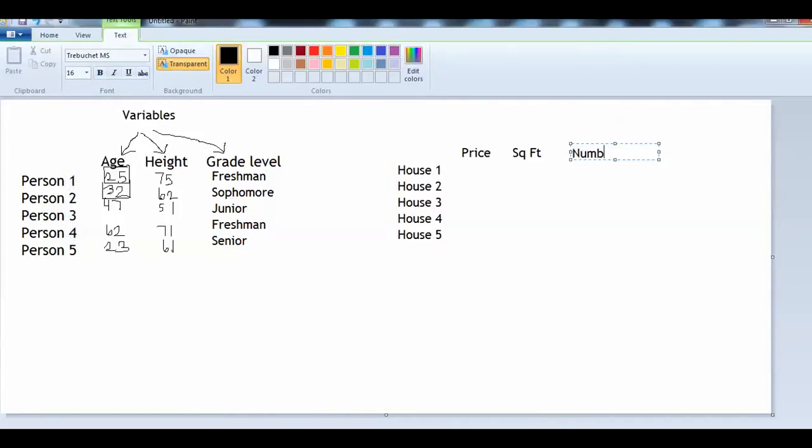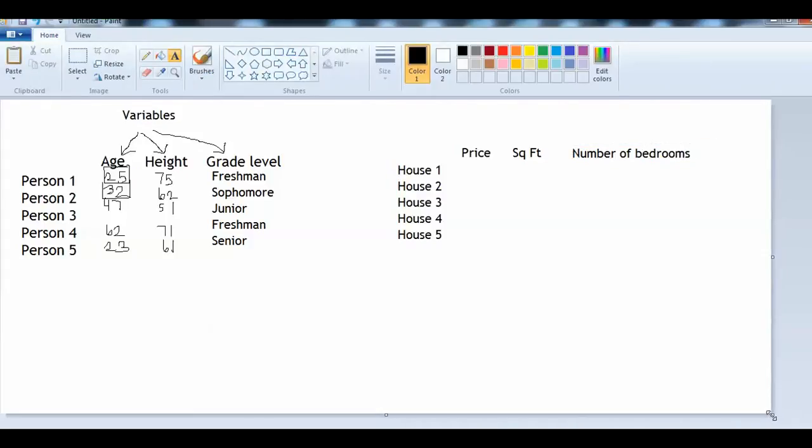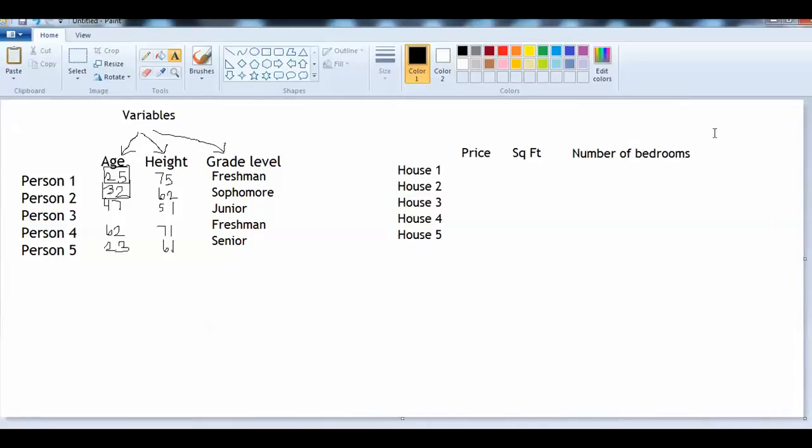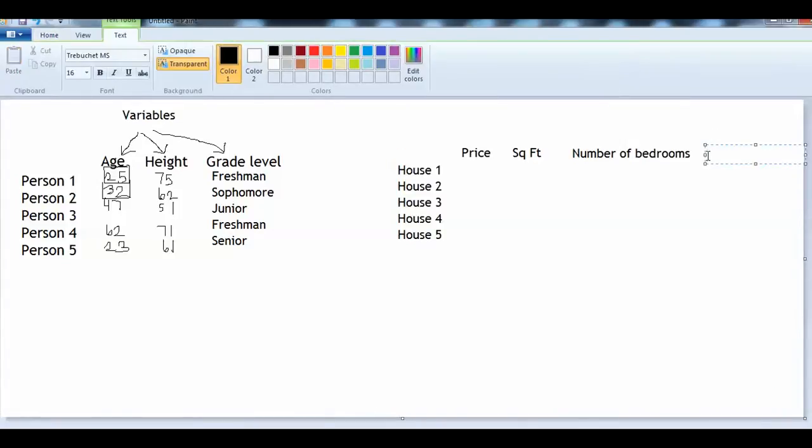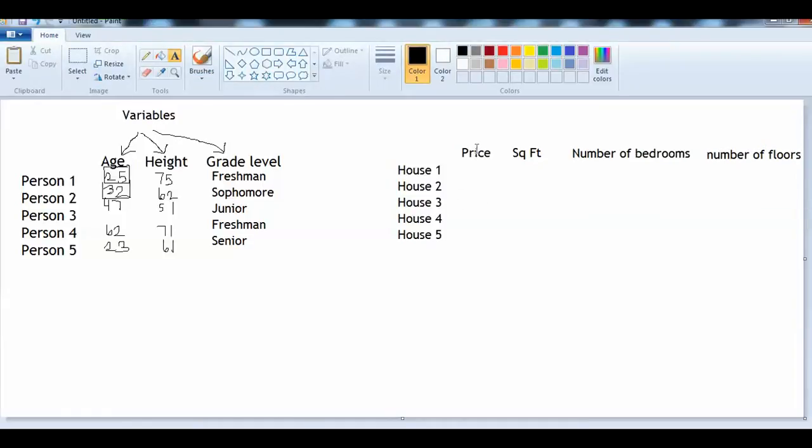Number of bedrooms would be another variable. We could also maybe want to record the number of floors in each house. So we're recording the prices, the square footage, the number of bedrooms, and the number of floors in 5 houses.